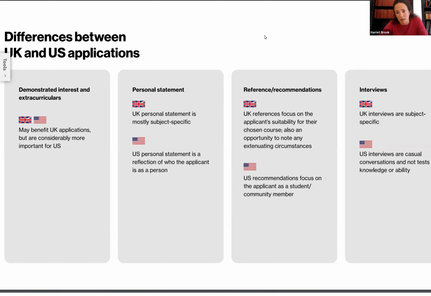Being on a sports team, for example, is a great opportunity to work with people and to show that you can commit to something and have good timekeeping skills. So I'm not saying you should let all of the extracurriculars go and focus only on the academics, because it won't have any benefit in the long run.